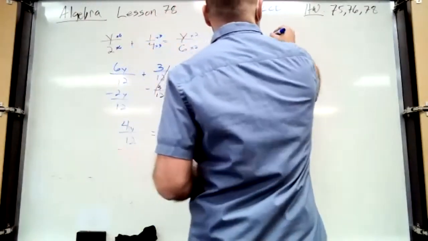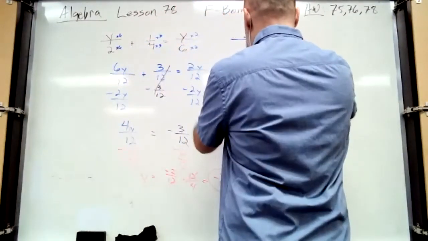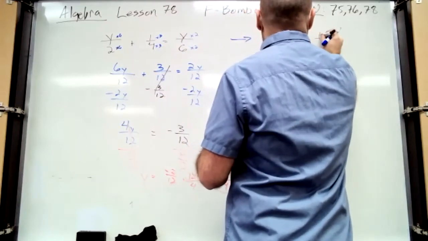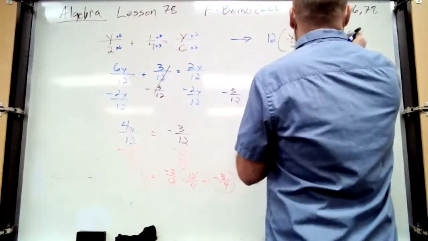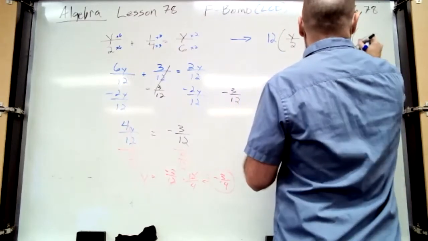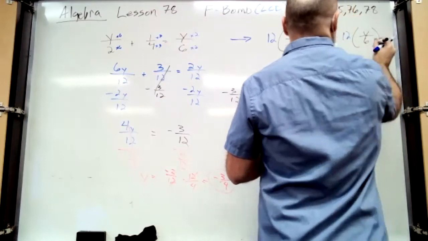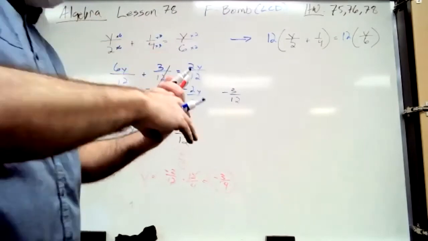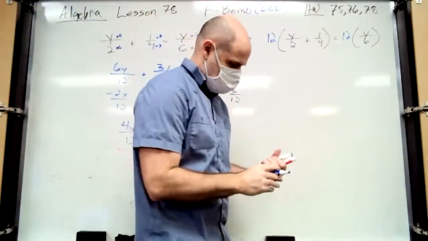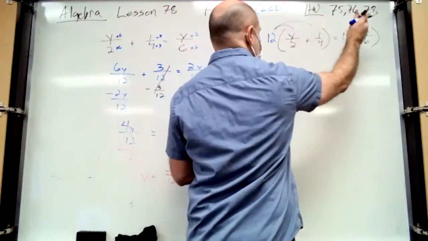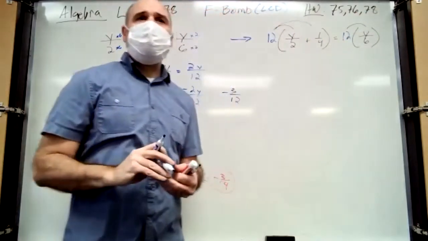So I'm going to multiply 12 times y over 2 plus 1/4, and then 12 times y over 6. Now this looks complicated right now, but it's going to save you a lot of energy. This is just distributing and simplifying, right?